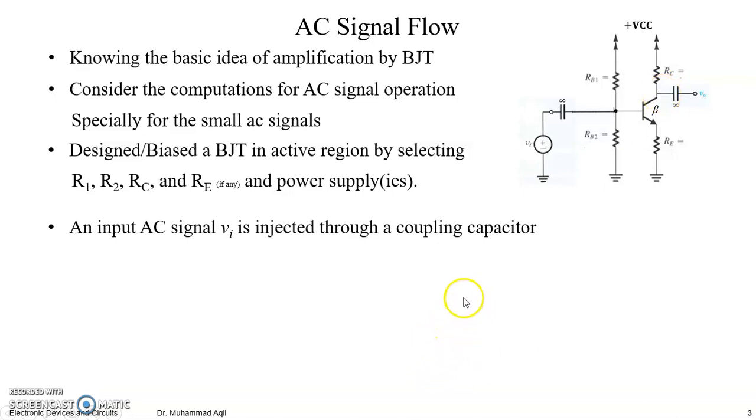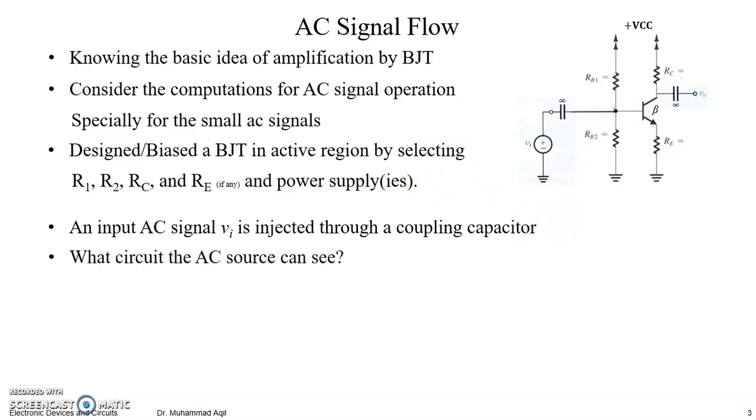So we have already observed this amplification besides learning all the designing of DC biasing. Now we are going to analyze how to computationally find the values of Vout and Vin to be considered while designing an amplifier, and also the basic amplification parameter, gain, and how we can set it.